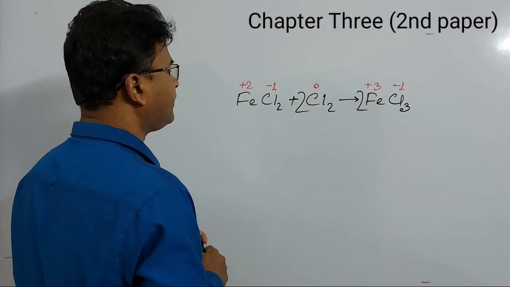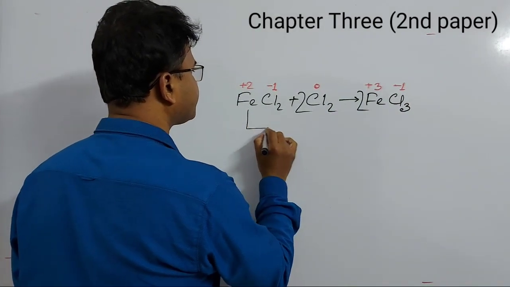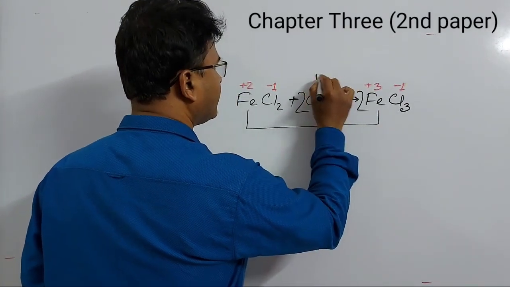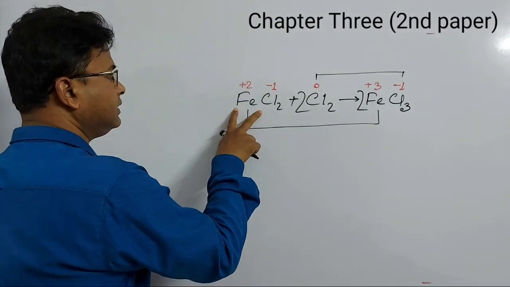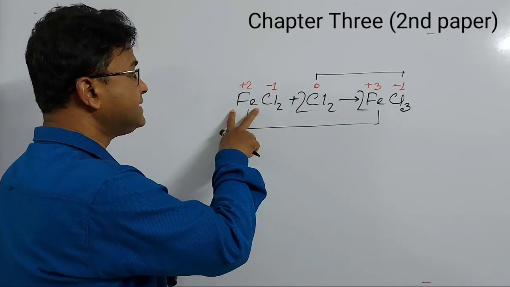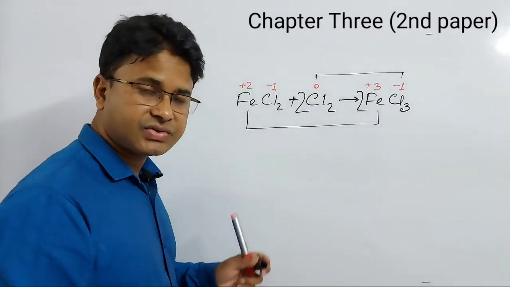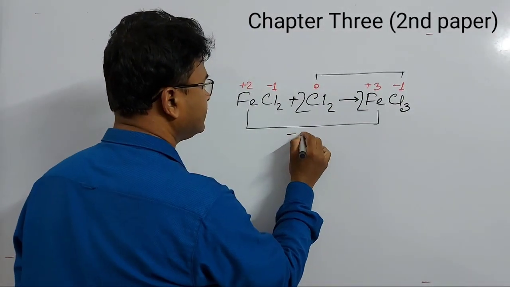So if we connect all those ions, I can write here ferrous ion. The oxidation number of ferrous ion is increased from +2 to +3 by releasing one electron.